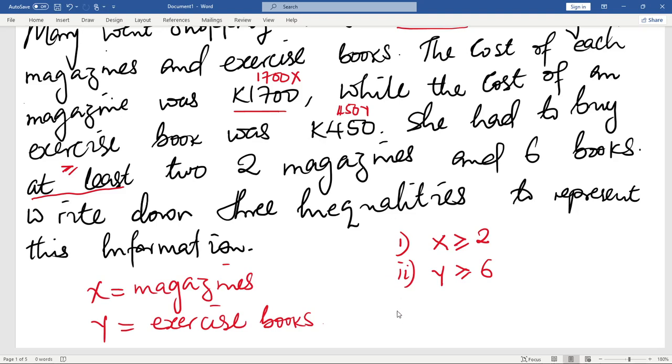So now the summation of these two here should not exceed the total amount that we have, which is 8,500 here. So meaning that our third inequality there is simply going to be 1,700x like this plus 450y should be less than or equal to 8,500 like this here. So here we can divide by 10 throughout, so we can reduce this. Oh sorry, that's supposed to be 10 there.